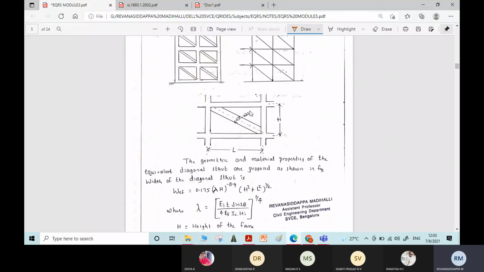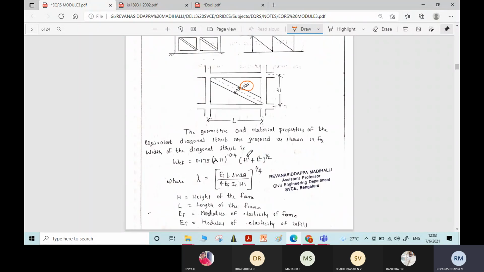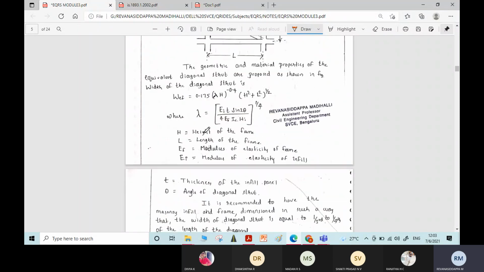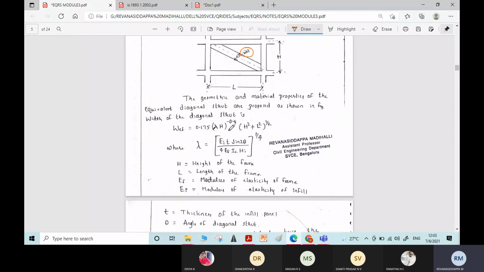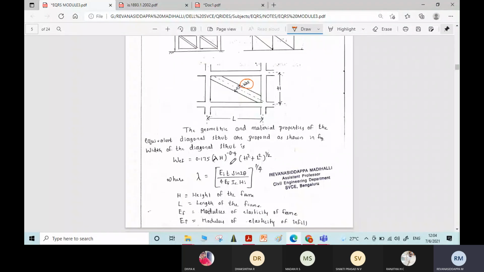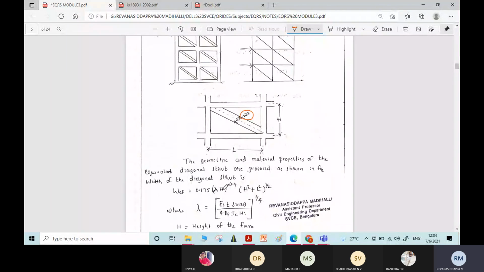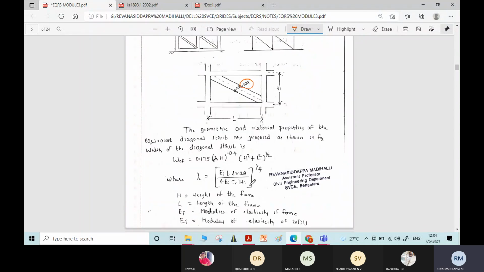The formula for this W_ef is written below, which is given by 0.175 λ_h raised to minus 0.4 into (h square plus l square) raised to 1 by 2, where λ is the constant, h is the height of the wall or height of the frame, and l is the length of the wall.